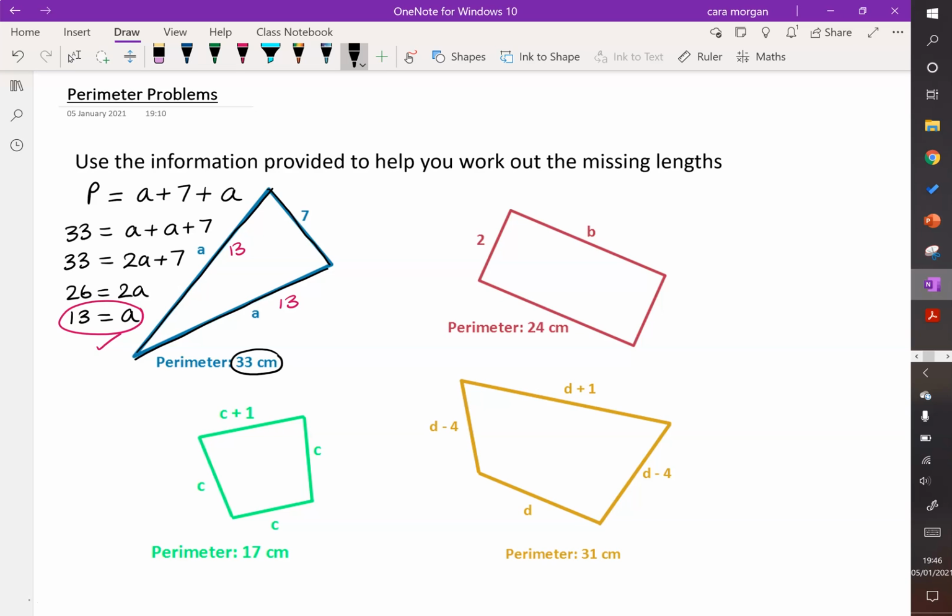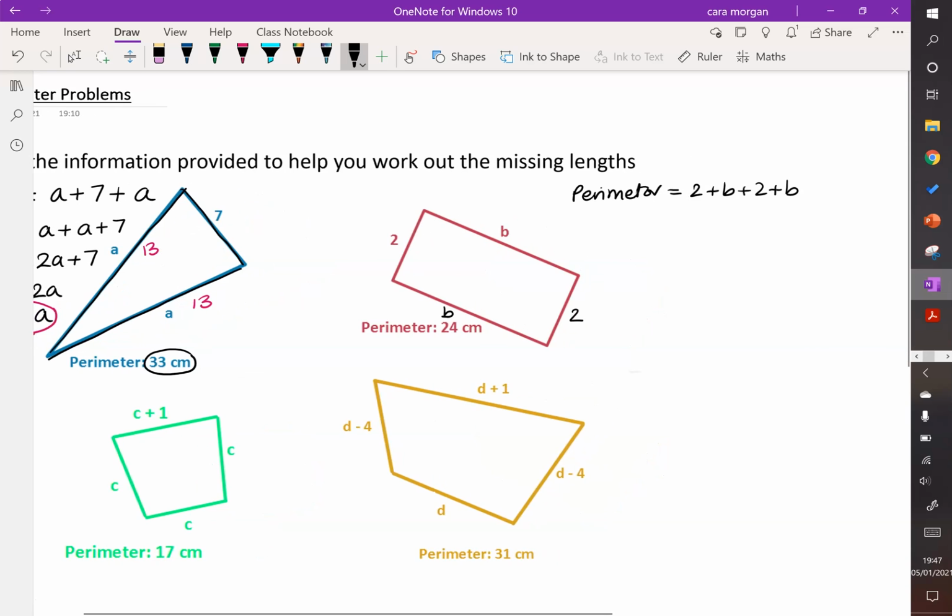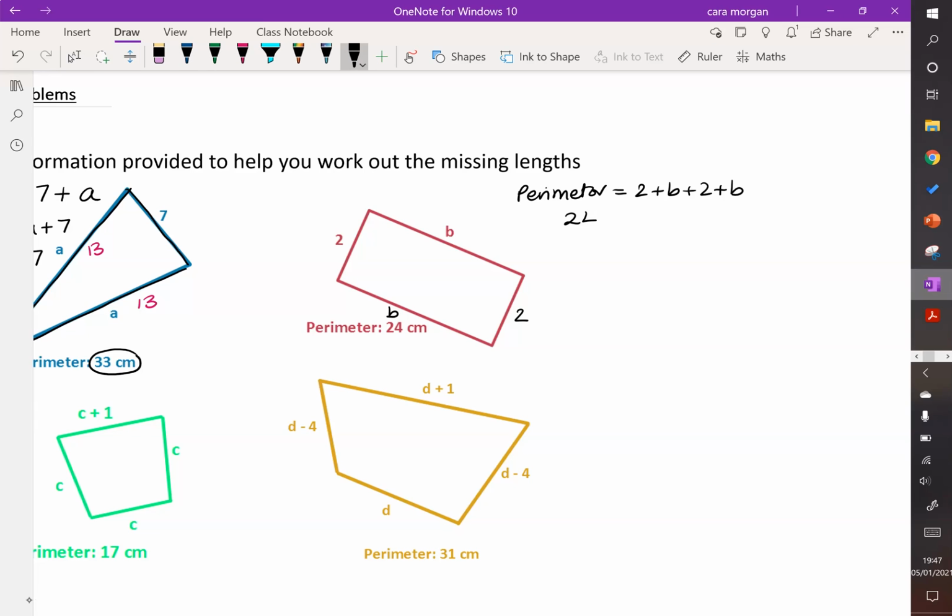Okay. For the second one along, I'm assuming this is a rectangle, so I would have to know the opposite length is B and 2. And to work out the perimeter, that would be 2 add B add 2 add B. I'm told the perimeter is 24, and I know that 2 add 2 is 4 and B add B is 2B.